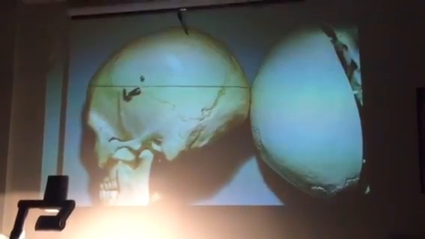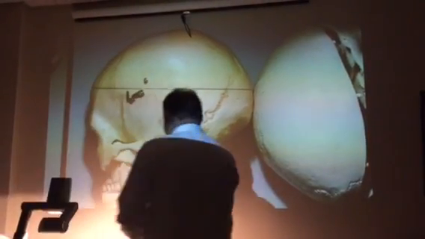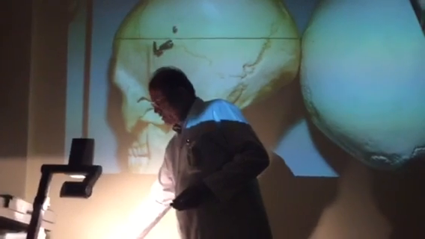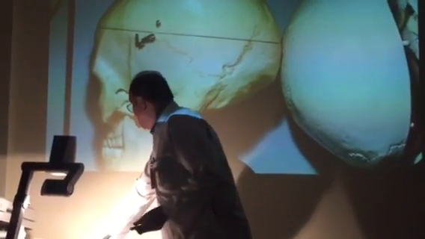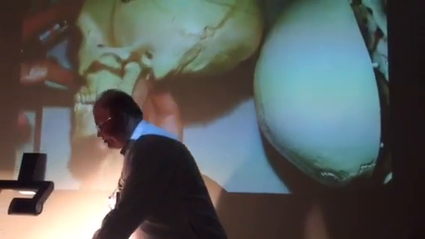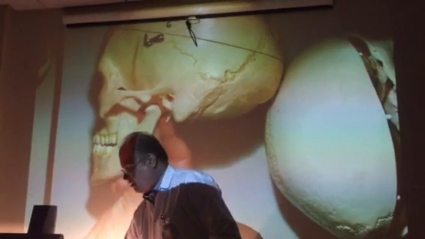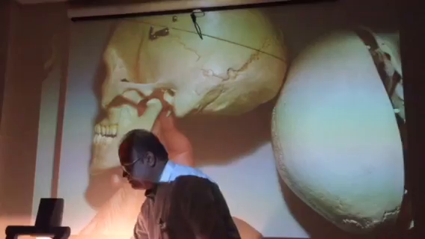Now, if I take my fingers like this and put them internal to the mandible, can you see on the picture? You can't see here because there is mandible here, right?